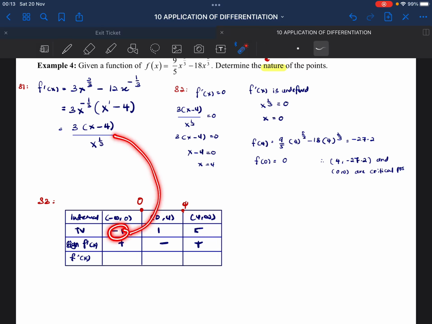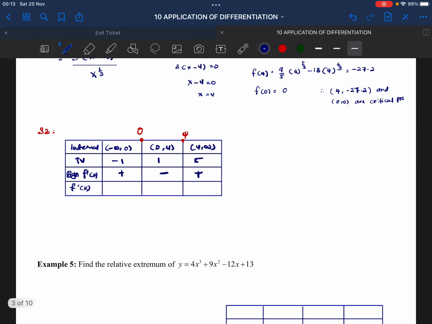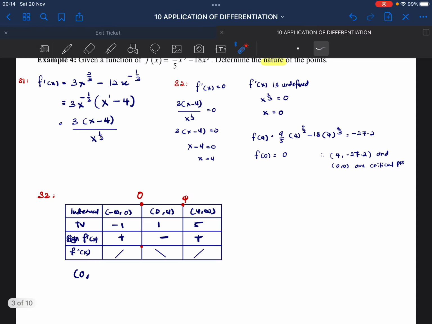Substituting into this one, you get positive. This one, you get negative. This one, you get positive. Okay, so by looking at the sign, we know that the gradient is like this. Positive, negative, positive. So therefore, our point here is 0. So the pair for 0 is 0.